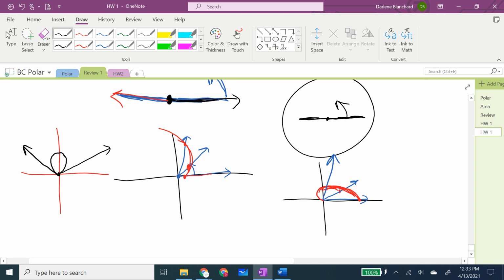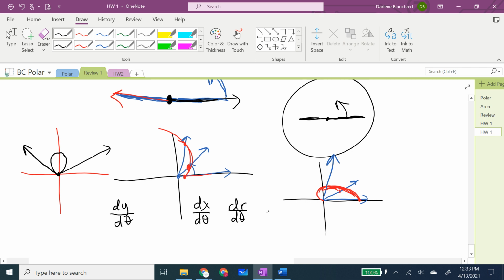When it comes to derivatives, you have to ask yourself every single time, what function is it asking me to take the derivative of, and with respect to what variable? Because sometimes they are going to ask you for just dy d theta. Sometimes they're going to ask you for just dx d theta. Sometimes they're going to ask you for dr d theta.